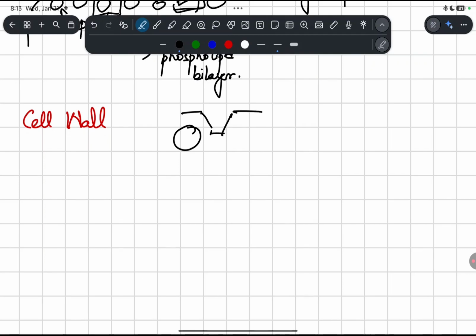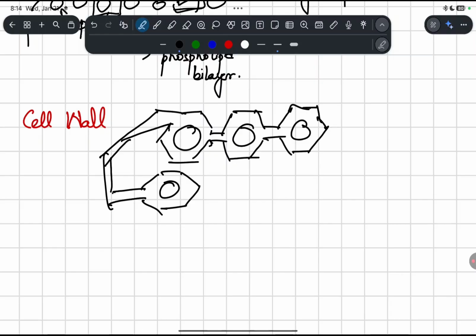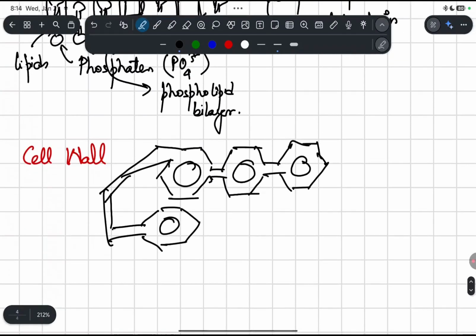There are small passages. It is a random structure, not very precise. Basically, this is how the cell wall looks. This covering is a rigid covering, that is, it is non-living in nature. So the main function of cell wall is cell to cell interaction only.